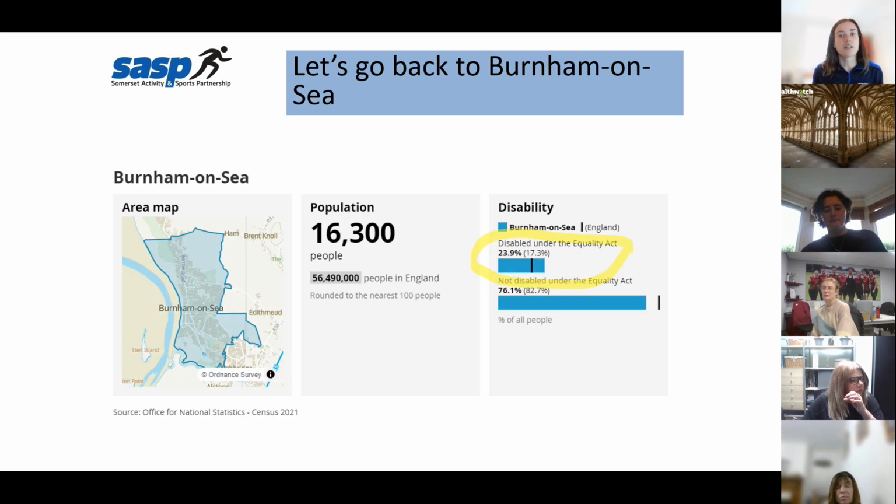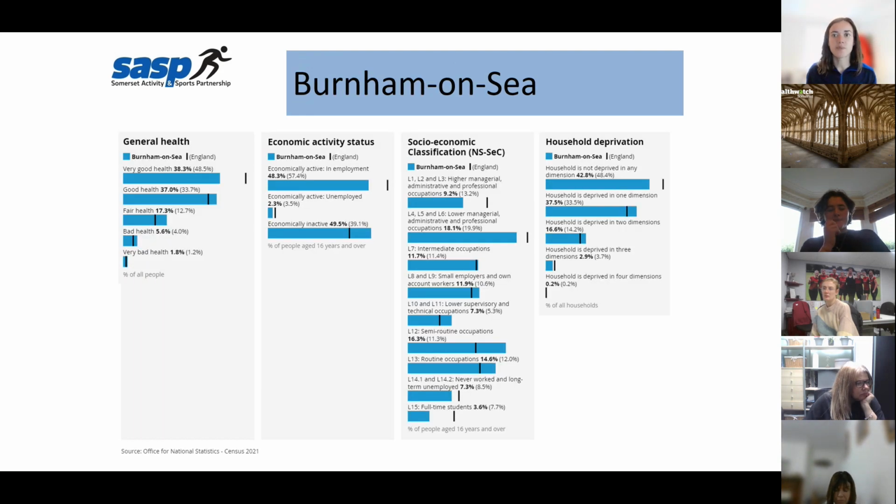And now if we look back at Burnham-on-Sea, we look at people who stated that they have a disability. We have a higher proportion in Burnham-on-Sea than the national average of England, so almost a quarter of people versus 17.3% in England. And again, it's thinking about putting that into context.